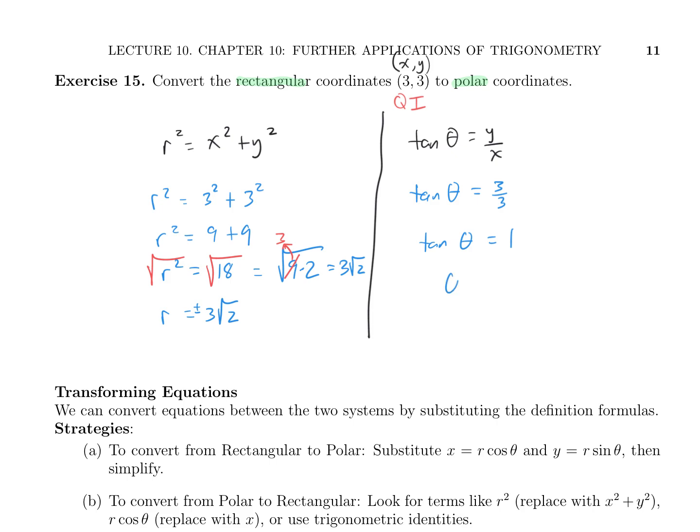So theta is pi over 4. Therefore we can represent this point as r. If you go with the positive r first, then you want to be in quadrant 1, so you want to go pi over 4. But let's say we wanted to use a negative r instead. So here's our pi over 4.